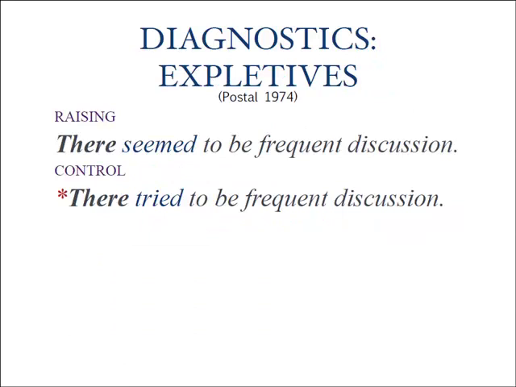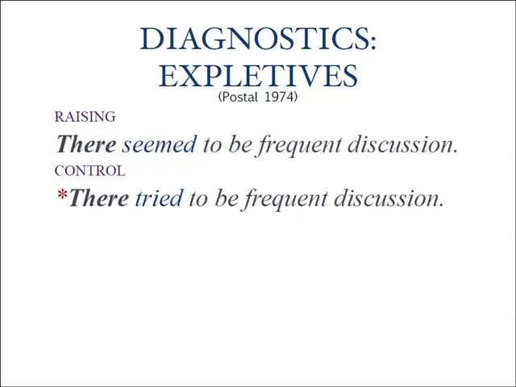So when we're trying to distinguish between control and raising verbs, we can do a number of diagnostics. One of them is using expletive subjects. An expletive subject is a dummy subject, a subject that doesn't really mean anything. It's just filling in our subject position. We do this in English. You don't have to do it in every language, but in English, yes.